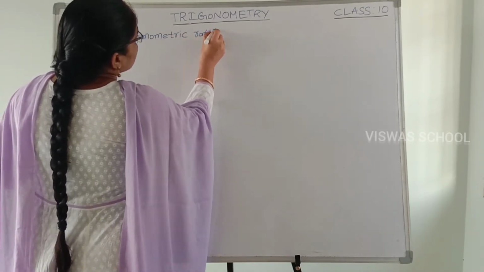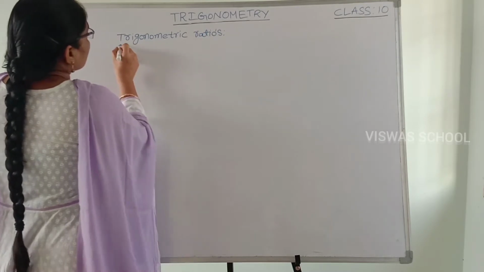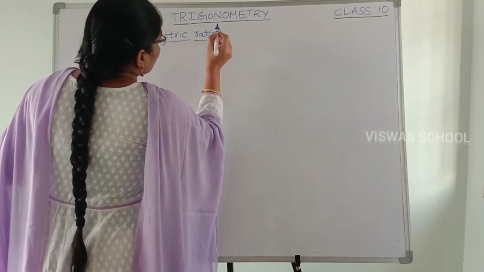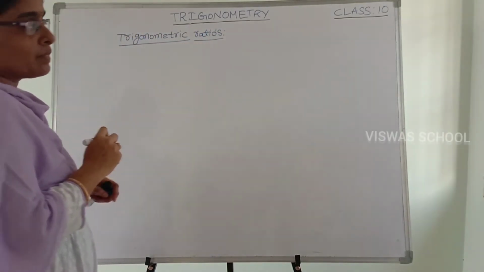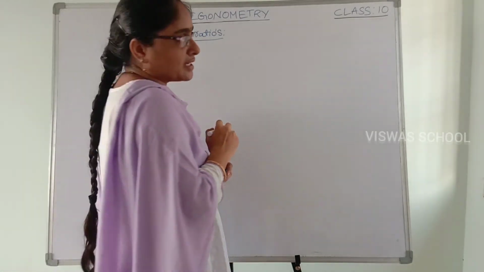We are having first one is trigonometric ratios. To find out the ratios here, first I am taking a right angle triangle.